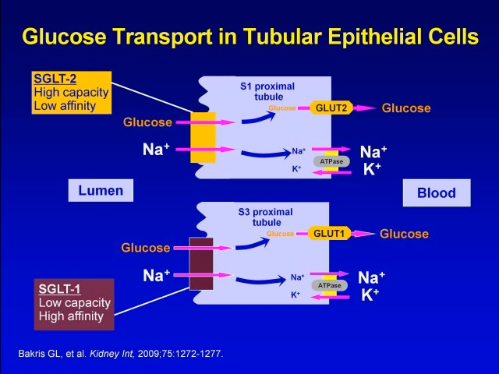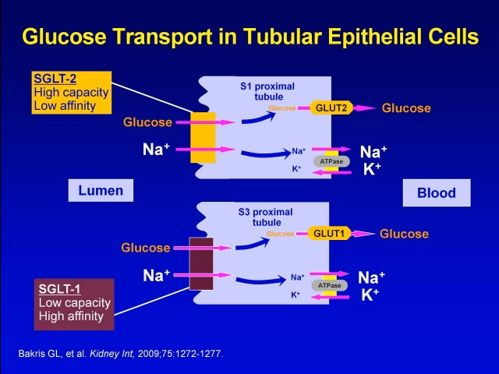Then within the cell, the glucose is transported by GLUT2 into the bloodstream. And this is helped by the sodium-potassium ATPase, which helps to cycle the sodium in and out of the cell. GLUT2 is the transporter for SGLT2, while for SGLT1 it is GLUT1. So this is how the tubule works.